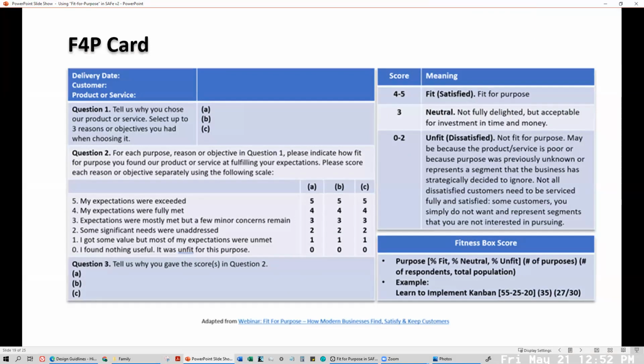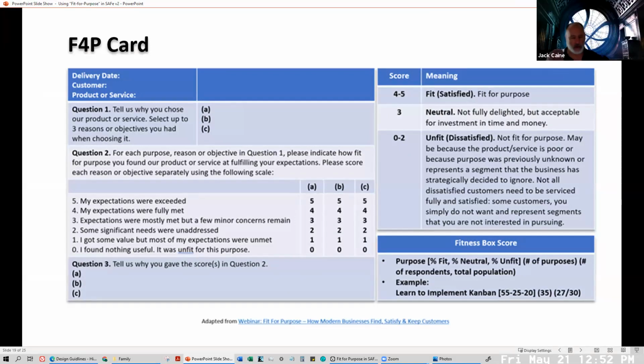So that's the very first thing you need to understand: you have to define what customer means. And so you might ask someone, what are the reasons that you want to go do Agile or SAFe or LeSS or Scrum or Kanban? A, B, C, right? So those are the 3 reasons.